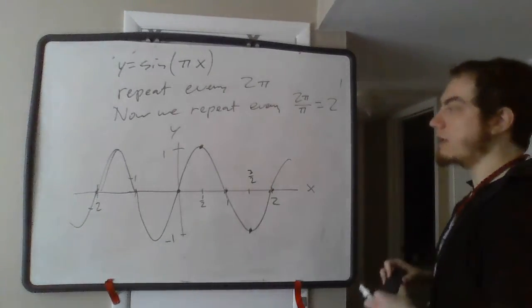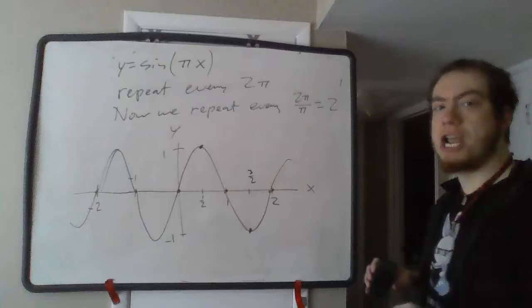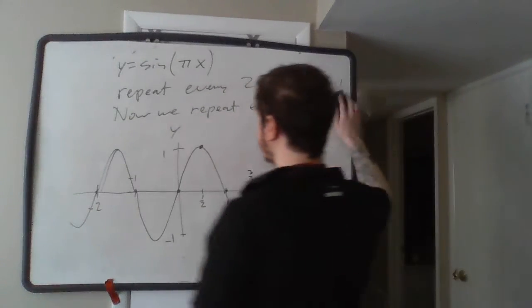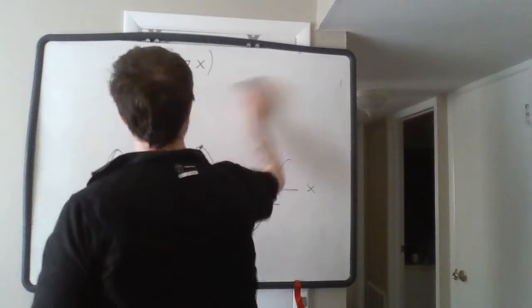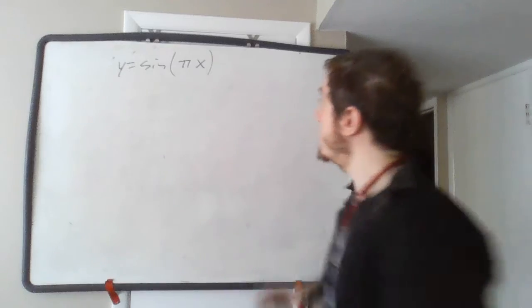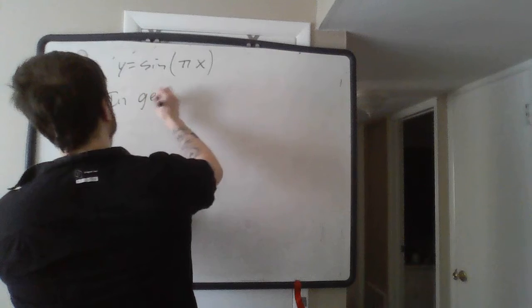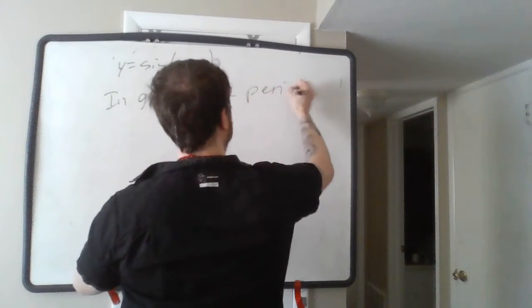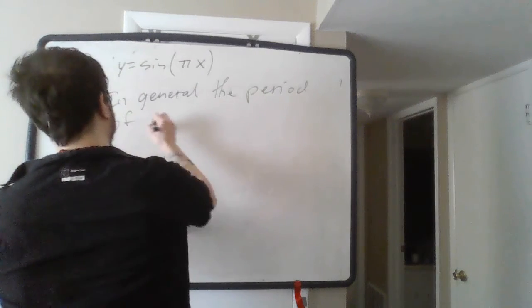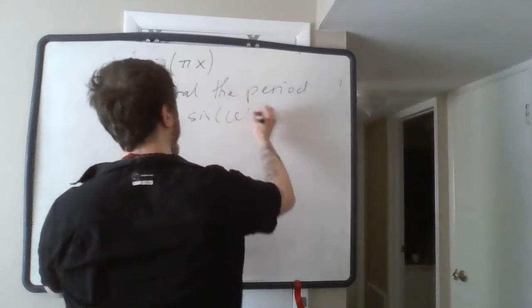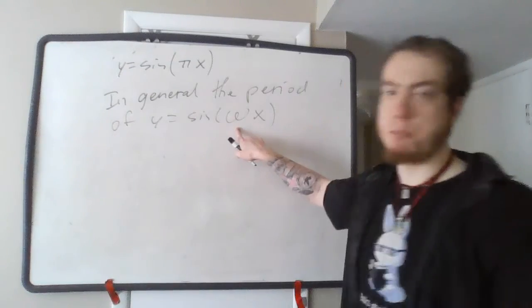And what is the new period going to be? Well, we can write down a general rule for the new period by using the same kind of reasoning as we did in the problem that we just looked at, where we multiplied by pi. So in general, the period of y equals sine of omega x, this is supposed to be a Greek letter omega.